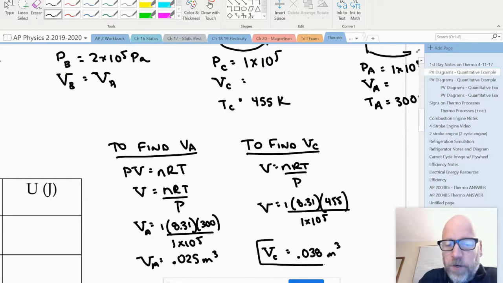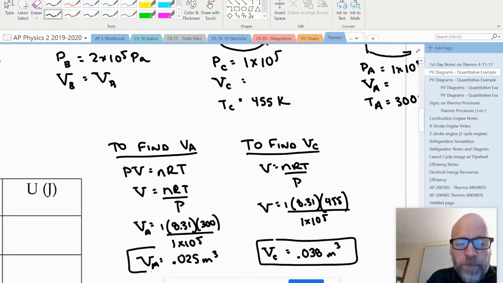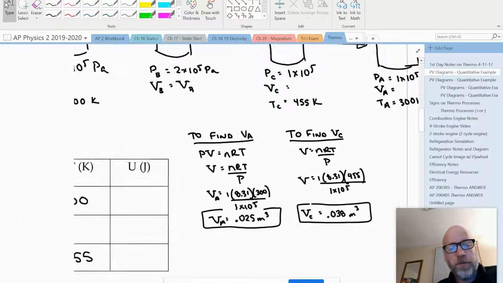Anybody else get 0.038 meters cubed? Good. Me too. Let's fill that in.